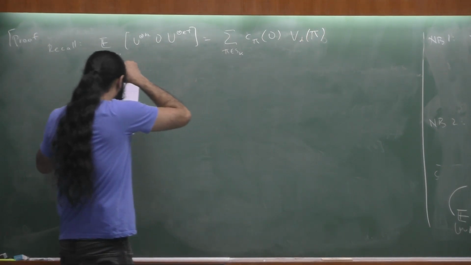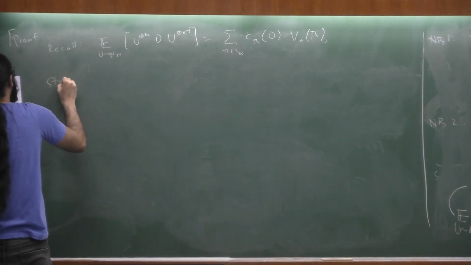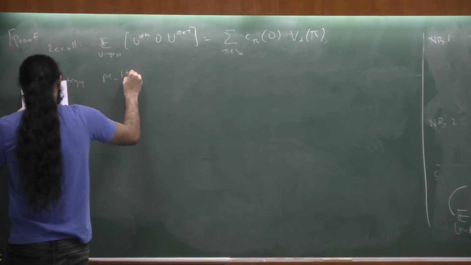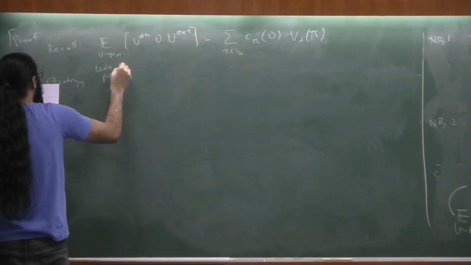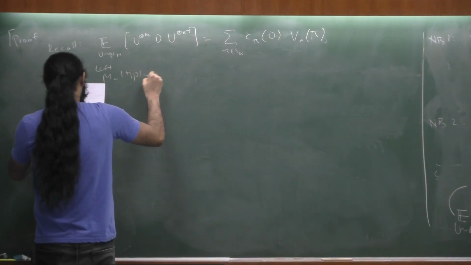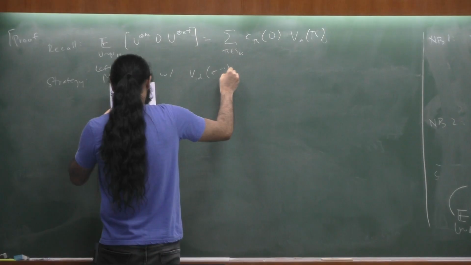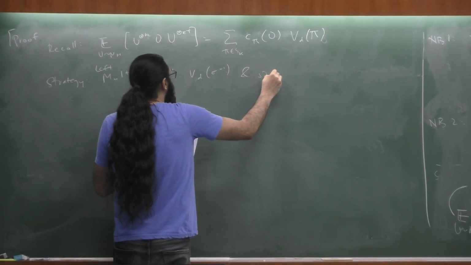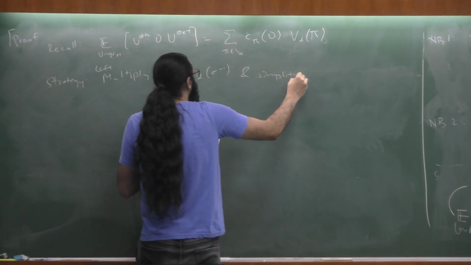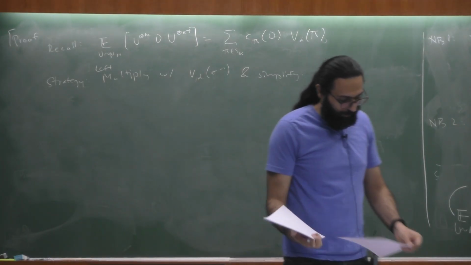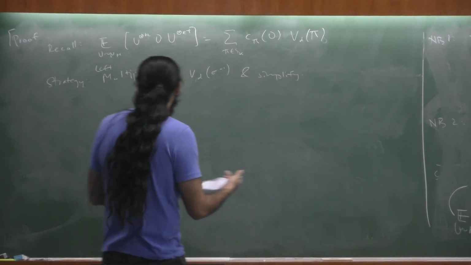Right, and our strategy is now going to be to left multiply with V_d(sigma inverse) and simplify, where sigma is some permutation. So let's see what that gives us.